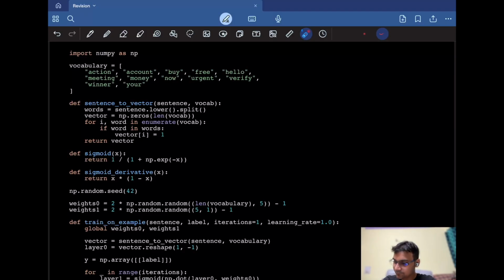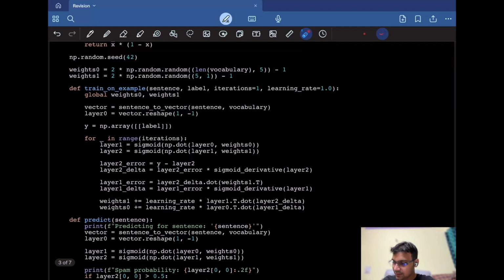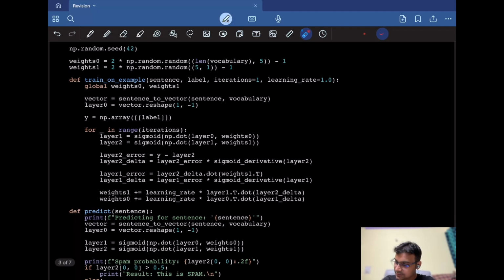Here, if I give you a brief gist of what's happening: the sentence is coming into this function, train on example, with the number of iterations we are going to train. This is the core logic. We will see what's going on here, and we will see all the concepts behind it and connect them with our code. This is basically forward propagation.